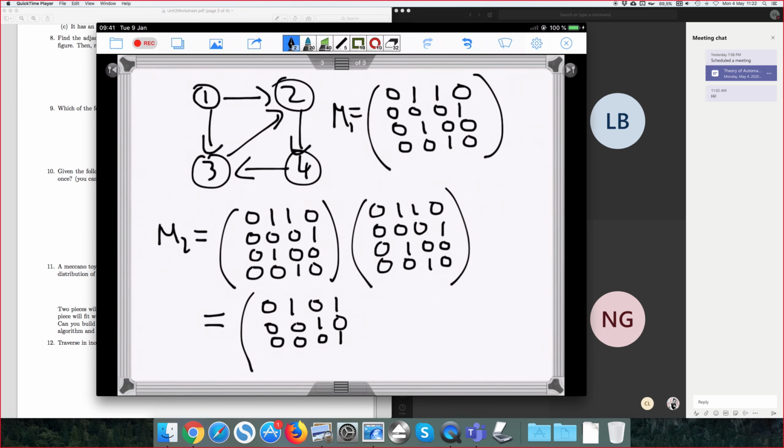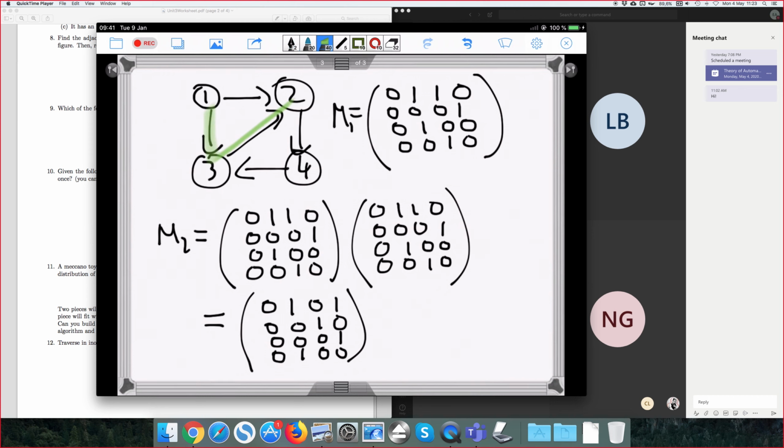And for the fourth row, I need to copy the third. Okay, so this is M2. We can check that this is correct because from 1 we can go to 2 with a path of length 2.